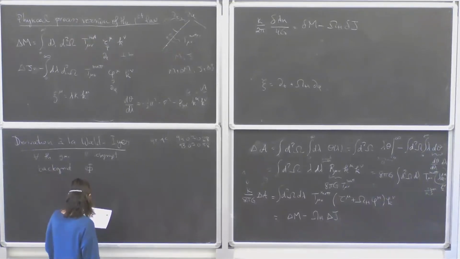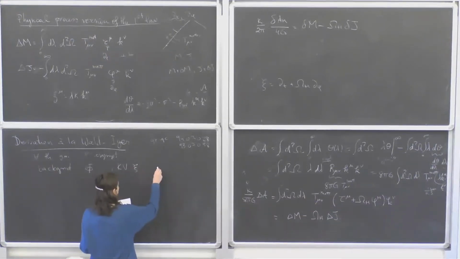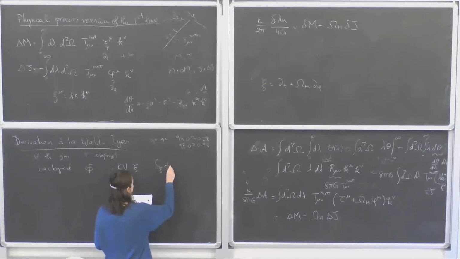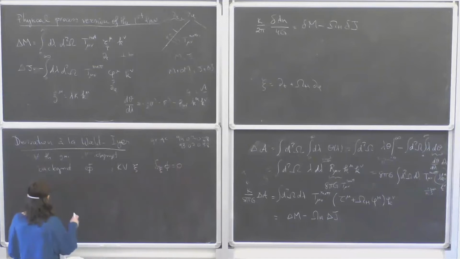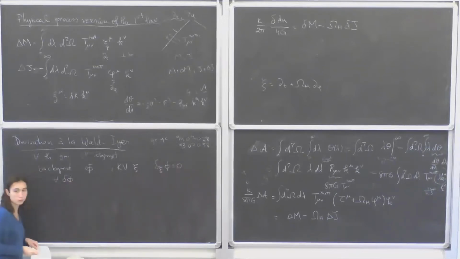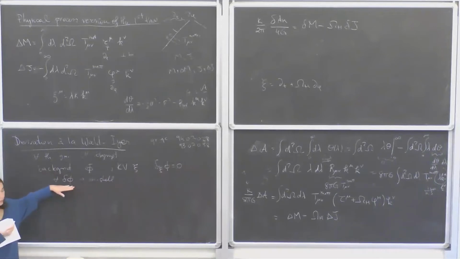This is going to be the background, and you have a Killing vector xi. Therefore, the Lie derivative of phi along xi is 0. Okay, and then you also want to consider an arbitrary on-shell perturbation of phi, which I'm going to call delta phi, which is on-shell. But as you see, now it's not restricted to be stationary anymore. It just has to be on-shell.